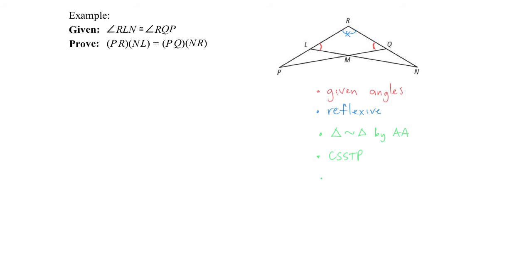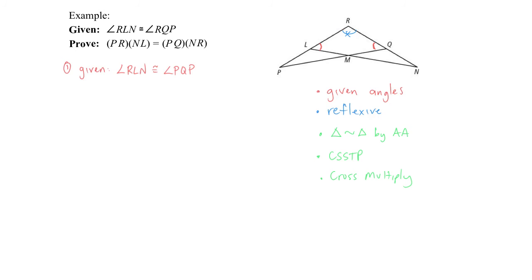And then my last step is going to be the cross multiply step. Now, you don't have to sit here and watch me write this all out. I'm going to pause the video for each step so that you can just see it build. That way, if you need to, just pause and write out your steps. Basically, I'm going to do the first part here, the given angles.